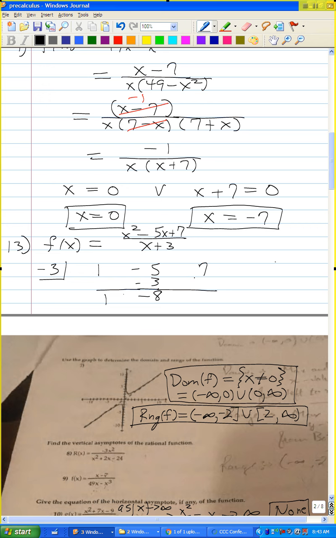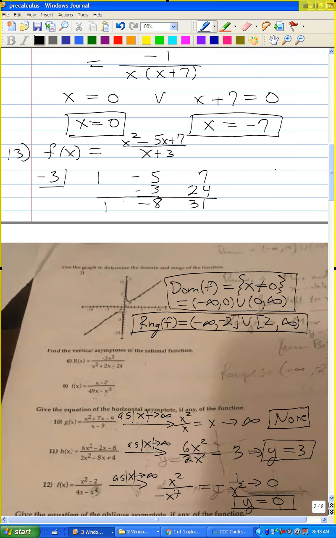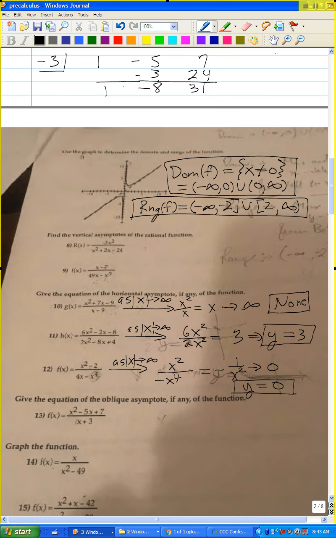Times negative 3 is 24, plus 7 is 31. Okay, so doing that, I see that this is 13, right? I see that this function can be written as x minus 8 plus 31 over x plus 3.